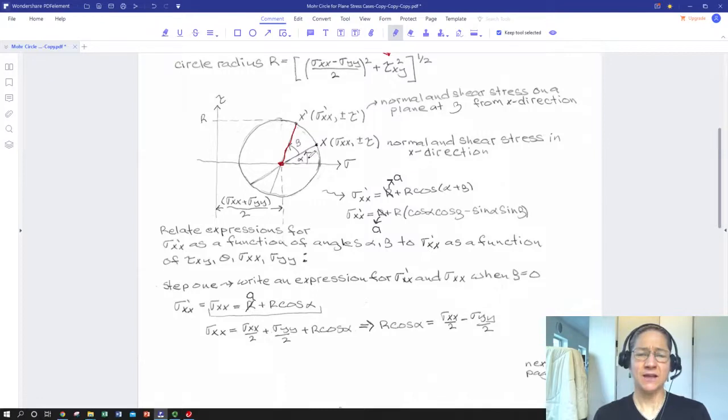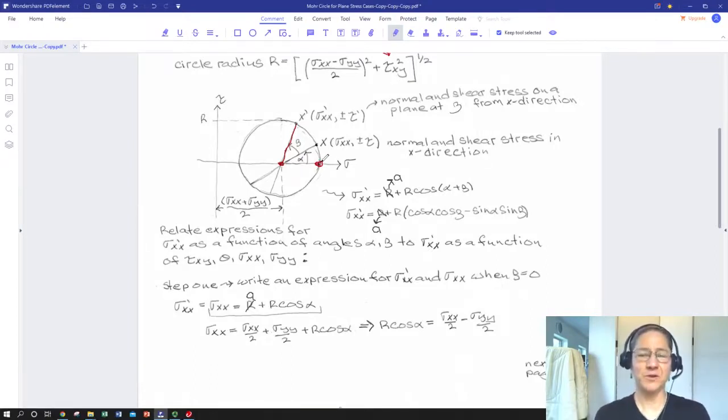Now let's look at the angles that a line between the circle center and somewhere on its rim would make, because this is where we link back to those angles of orientation somewhere in our body. And let's start by looking at a place down here on the sigma axis where tau is 0. 0 shear. There are some special orientations in a body in which shear is 0. Those are the principal directions where we have nothing but normal stress, and those normal stresses tend to be maximized or minimized for that plane stress case, at least within that xy plane.